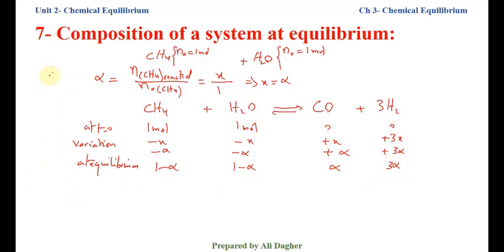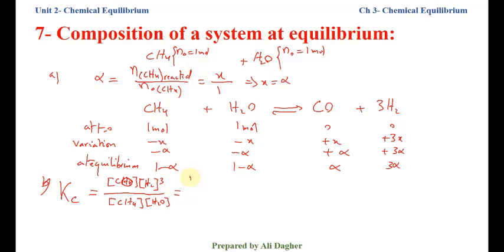This is part A. Part B, expression of Kc in terms of alpha and V. Kc equals the concentration of the products, CO times the concentration of H2 to the power 3, over the concentration of CH4 times the concentration of H2O, all gas.